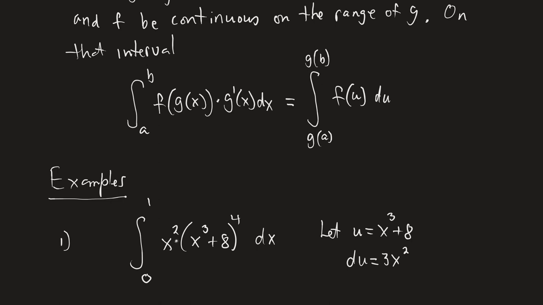We have an x squared multiplying the quantity, which is the composite, which is also multiplying our differential, but we're missing that constant here. So let me finish my differential and then divide both sides by 3. So I'll say 1/3 du is equal to x squared dx, right?